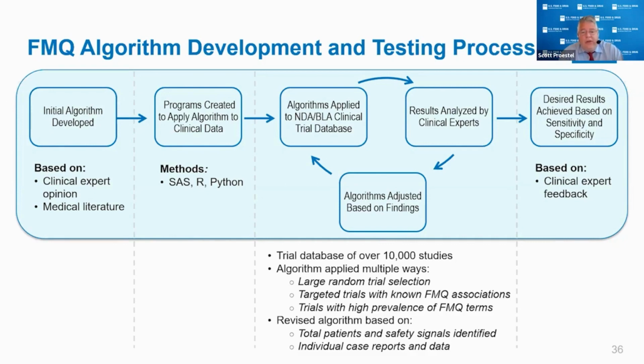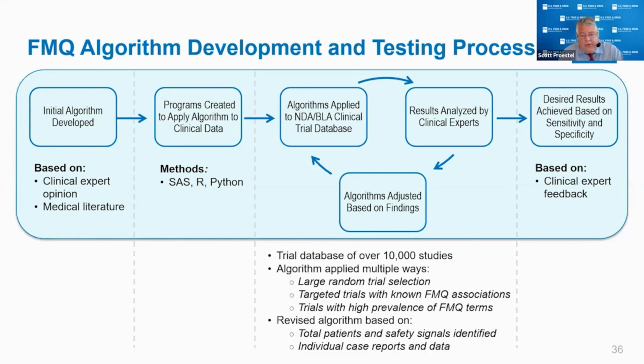And we would apply the algorithms and then look at the results and adjust the algorithm based on our findings in an iterative process. As you can see, it goes in a circle in the middle of the slide.